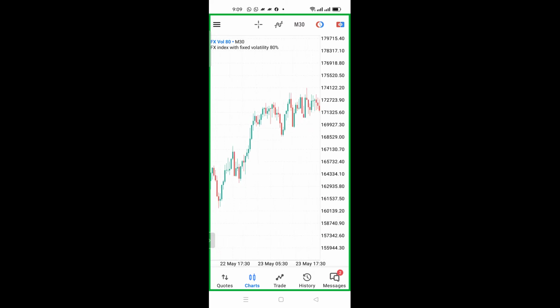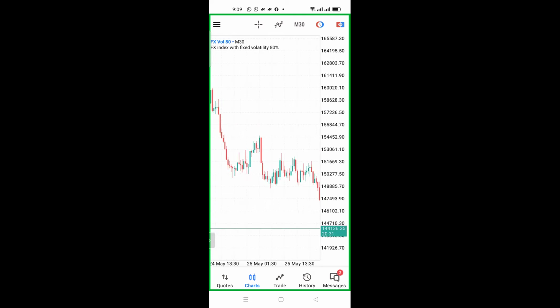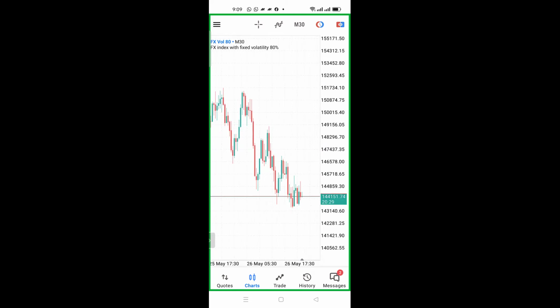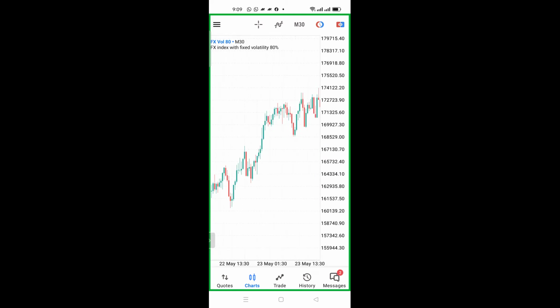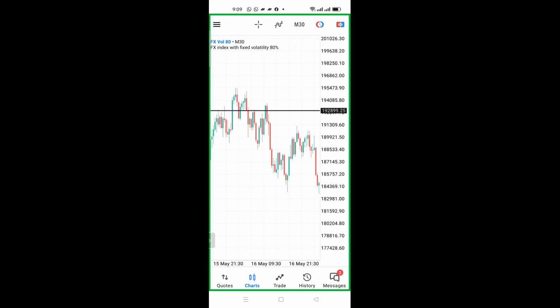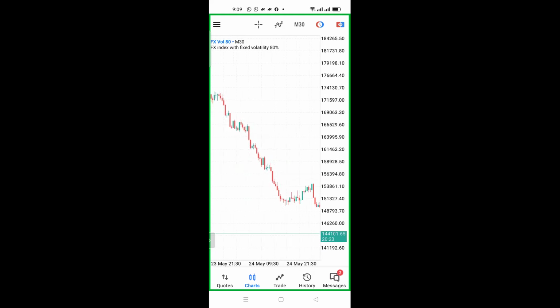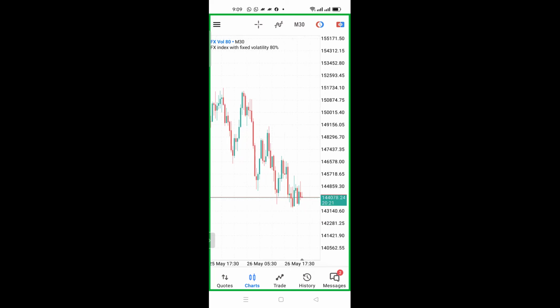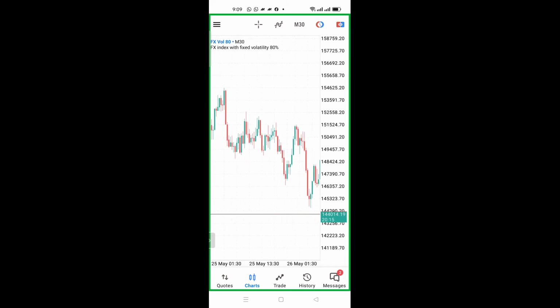Okay, so let's look for support now. Now this market looks like it is in a support zone. But it's just one standard touch I'm seeing right now, though it's still a support.